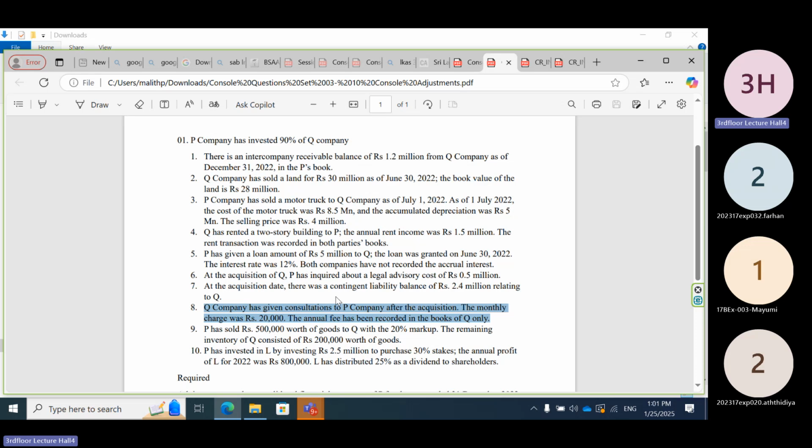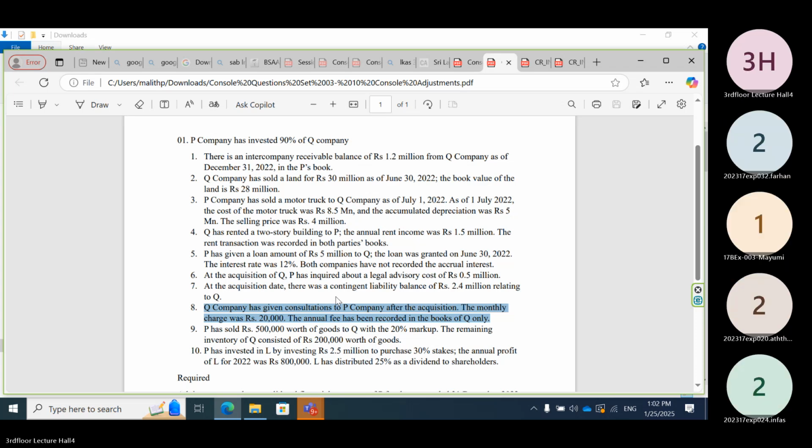The 30,000 goods that B takes from A, B bills and sells outside for 50,000. So they are selling that to outside. You can understand what I am discussing here.